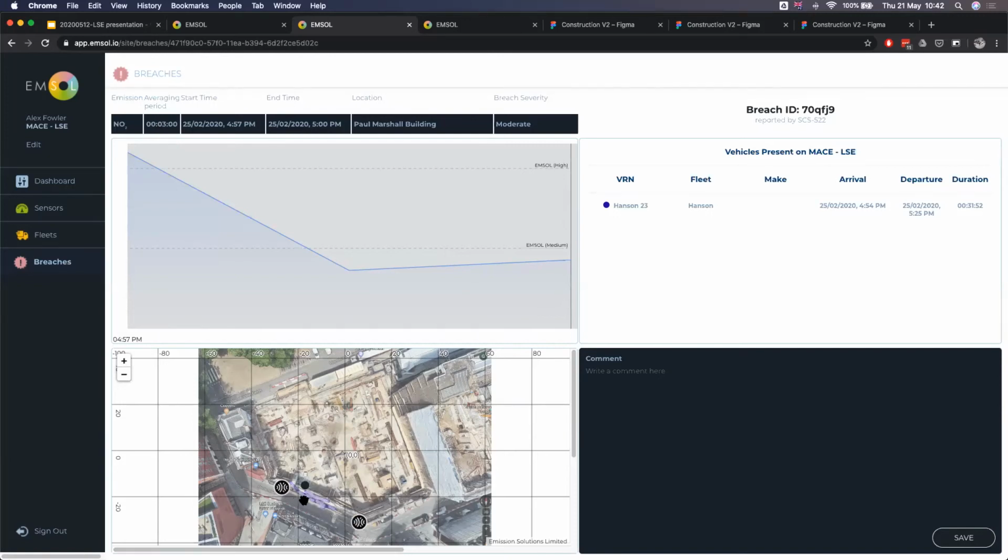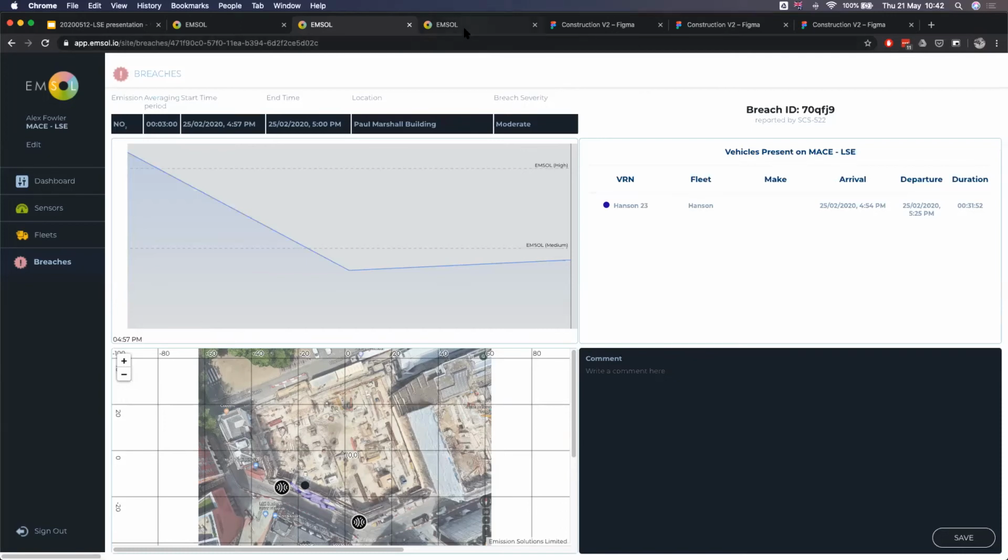So this is the cement loading area for this site, and we can see that the vehicle arrived and then dropped off cement, and there was a rise in the levels of nitrogen dioxide during that time. But as I showed on the previous screen, there are lots of breaches that aren't associated with a vehicle. So this is by no means showing a bad thing about the Hanson vehicles.